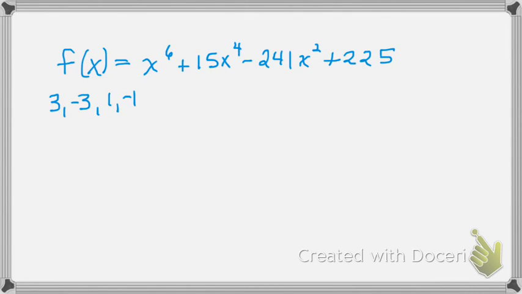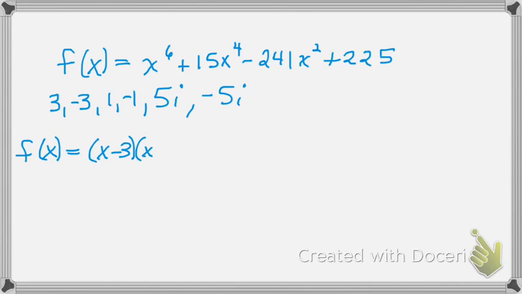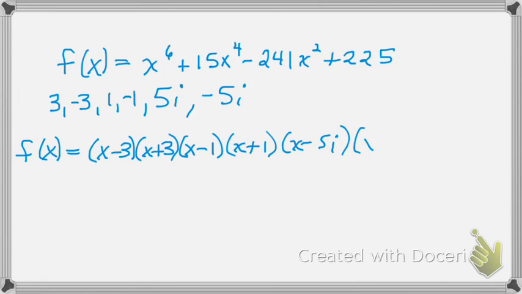Here are my 6 roots, right? So if I want to write this thing in factored form, it's going to look like this. f of x is equal to x minus 3 times x plus 3, x minus 1, x plus 1, x minus 5i, and x plus 5i.